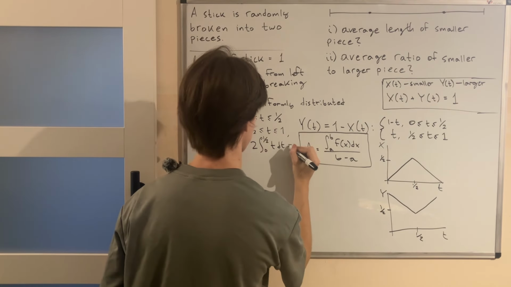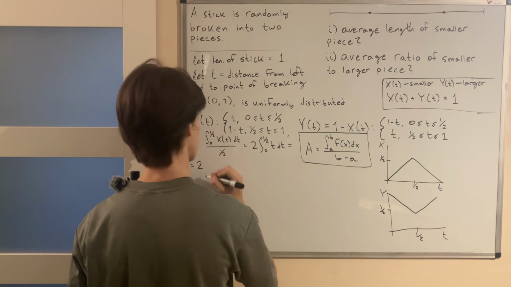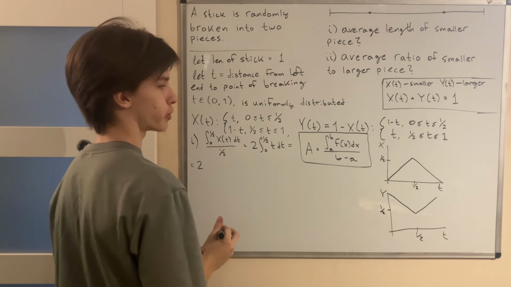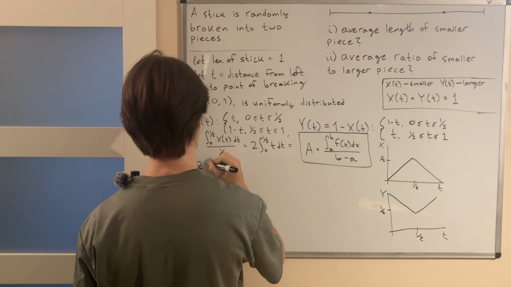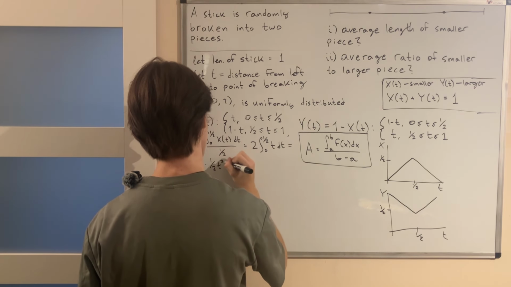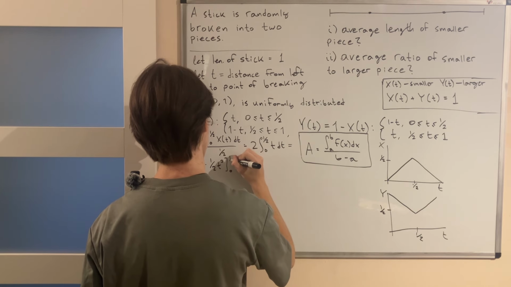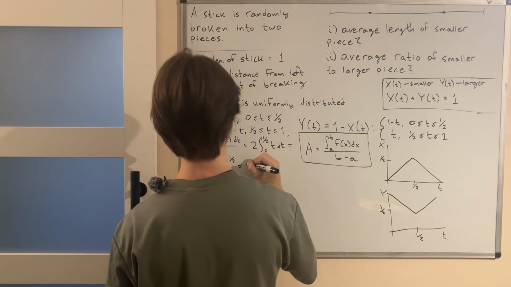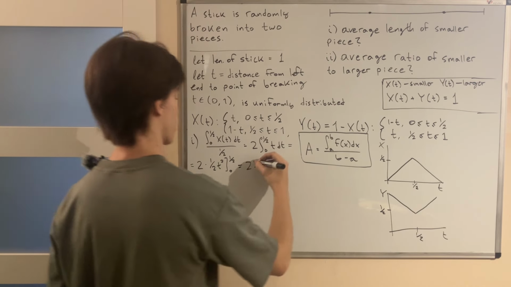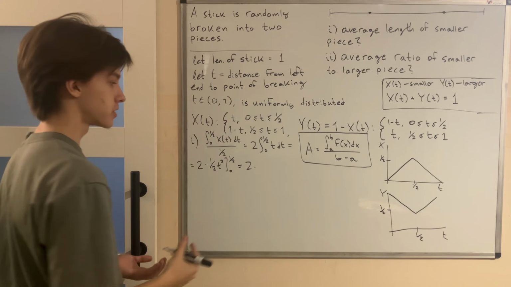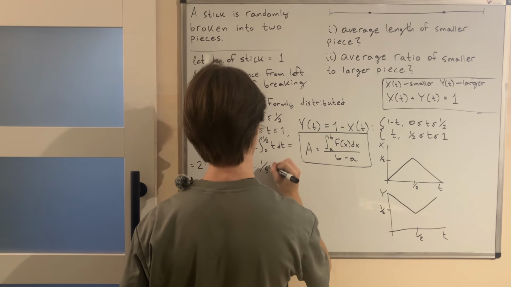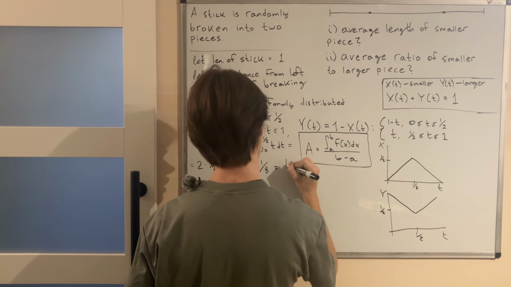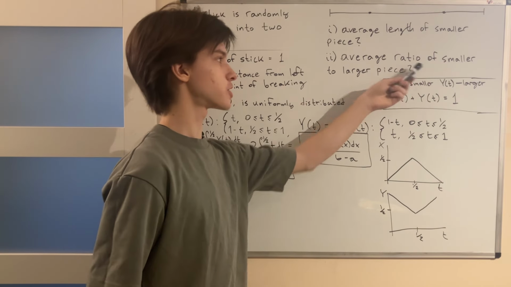So this is simply equal to 2 times, what's the integral of t? It's going to be 1/2 t squared, with the bounds 0 and 1/2. The 0 cancels out, so it's simply equal to 2 times 1/2 times 1/2 squared, 2 times 1/8, which is 1/4. How nice.